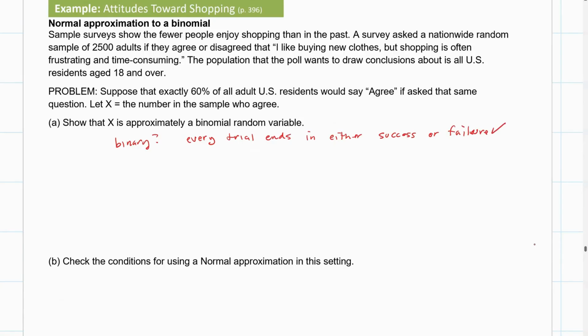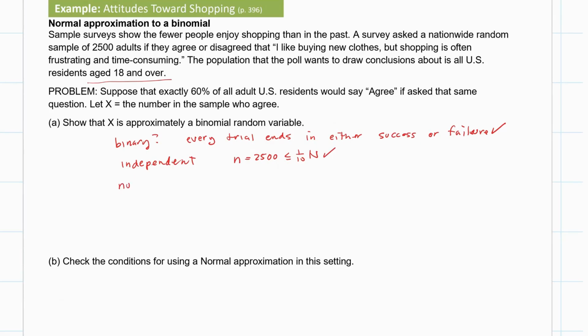Success meaning they agree to the statement and failure meaning anything else. Is every trial independent? Since n, which is equal to 2,500, is less than 1/10 of big N, which is all U.S. residents age 18 or over, we meet that criteria, so we're going to say we're independent enough.